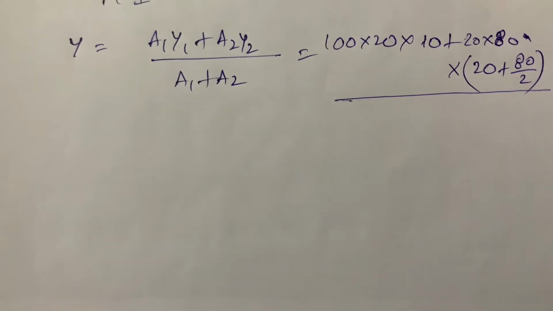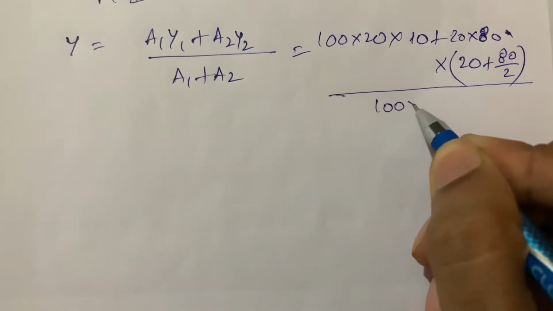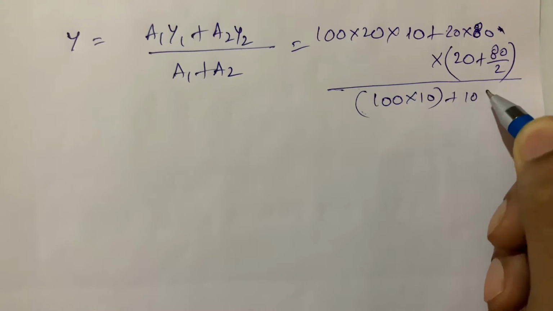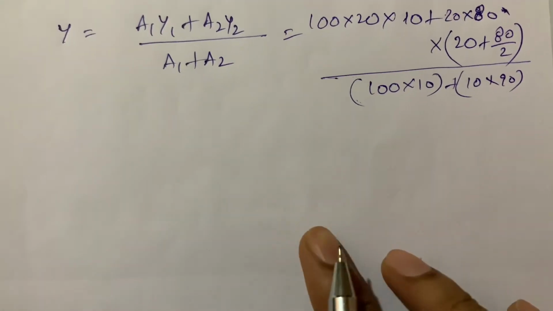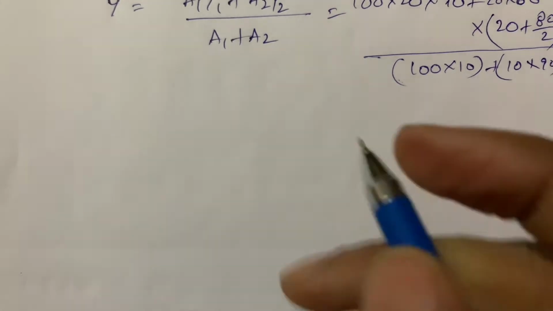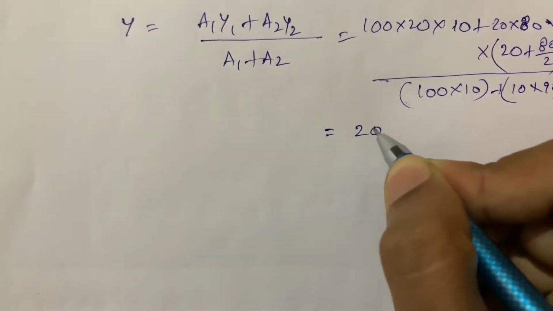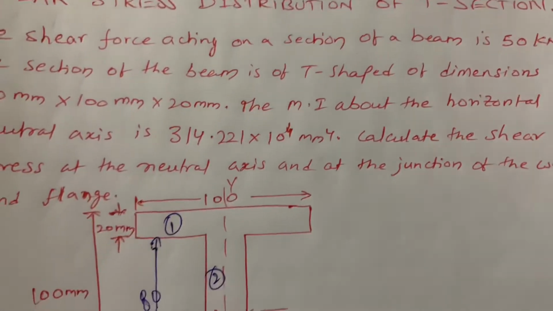So A1 is 100 into 10 plus A2 is 10 into 90. I'll explain how it is 10 and 90.